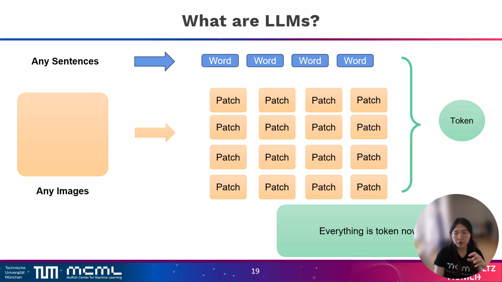And in large language models, we have a new term for that. It is called token. Token means the basic unit of the sentence and also the image, and also audio. If you are interested in audio, when we cut it into basic units, we also call them tokens. So everything in the large language model is just token.